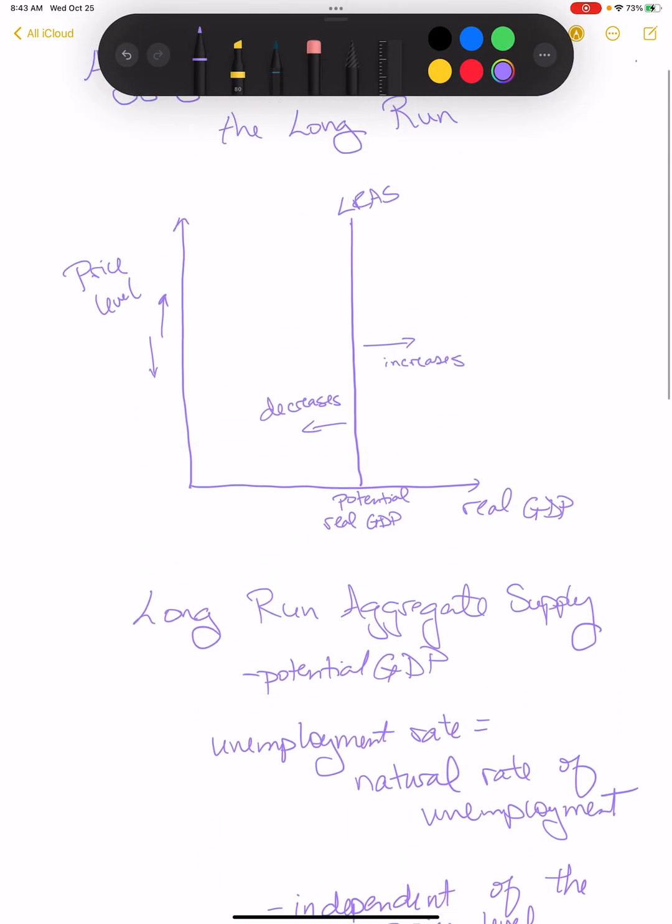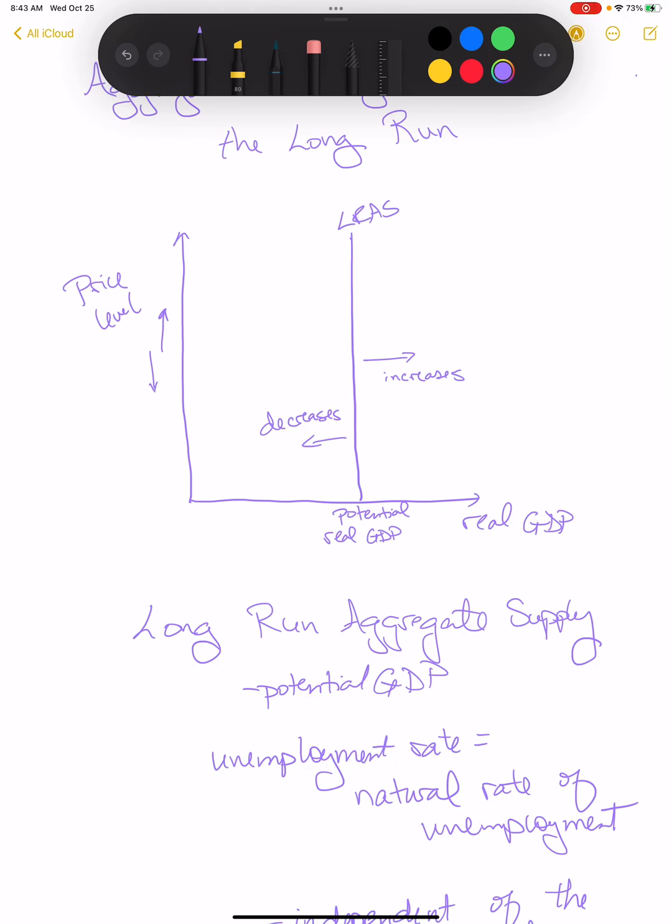But going back up to recap one more time: your long run aggregate supply curve is perfectly vertical. Mine gets a little wobbly at the end, but it's perfectly straight up and down. What does that mean? It means you've got the same value for any given price level. Your potential GDP stays the same regardless of the price level. It is independent of the price level.